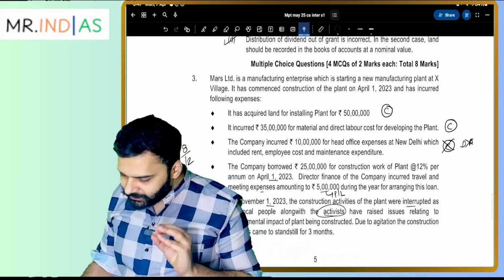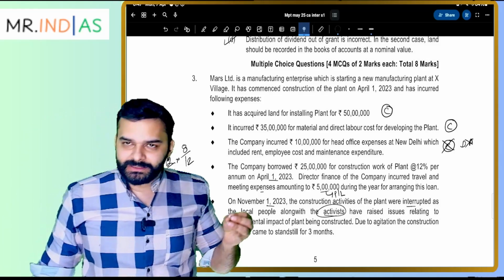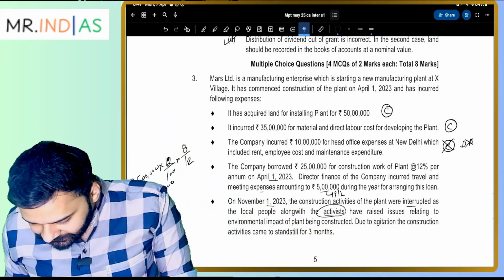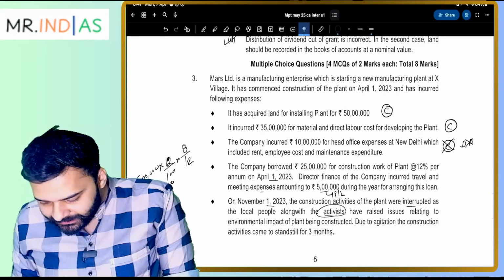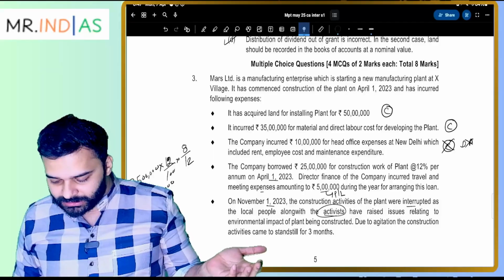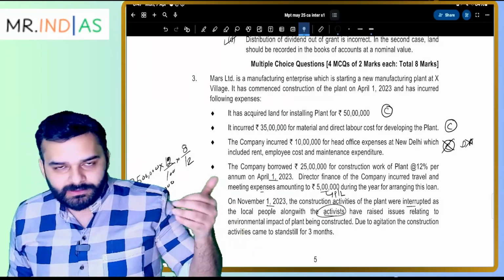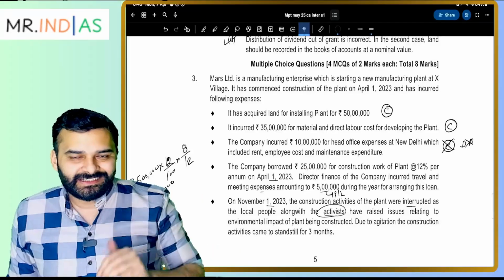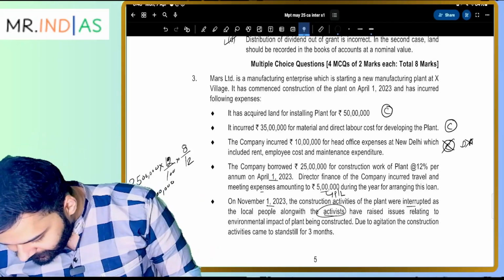So if I bought land for installing the plant, obviously it will get capitalized at rupees 50 lakh. It incurred 35 lakh for material and direct labor cost for developing the plant. The 35 lakh cost is required for the development of the plant, which is the condition and location of the plant as intended by management. Hence, it will also get capitalized.